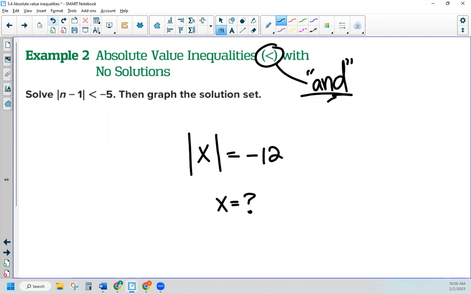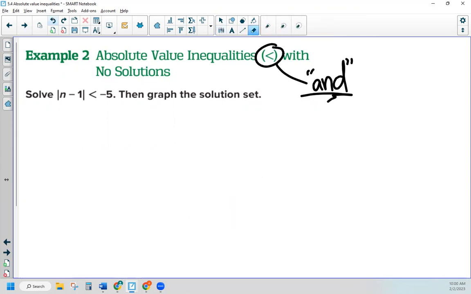And that's impossible because absolute value cannot be negative. If you put here a -12, the absolute value of -12 is actually +12. So there's absolutely no way you can get a negative absolute value. You will always generate a positive value because it's distance, okay?